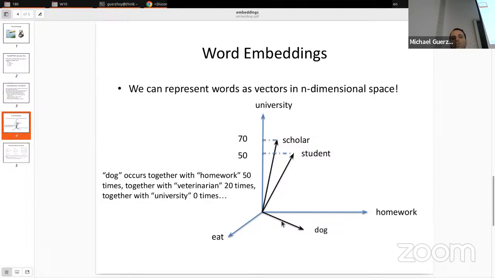So what you might imagine is that the vector for canine is going to be in the same direction because it occurs with homework and with eat in the same proportions as dog. So let's say it occurs with eat 5 times as often as it occurs with homework, because dogs eat, like, 20% homework and 80% other stuff, right? But it's going to be shorter.